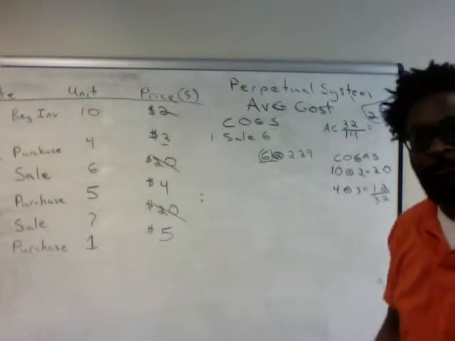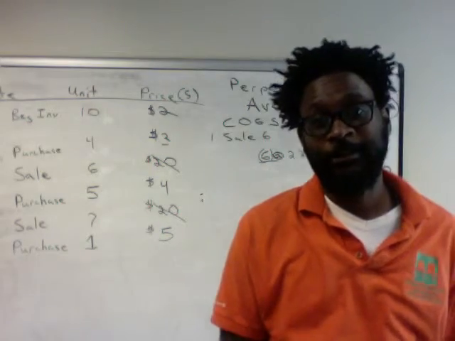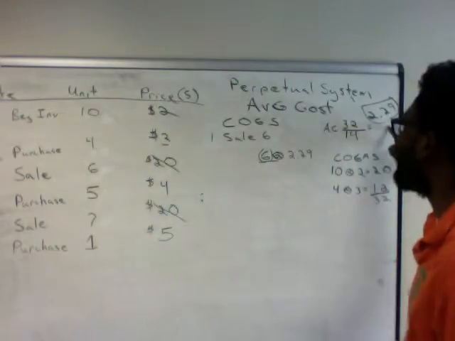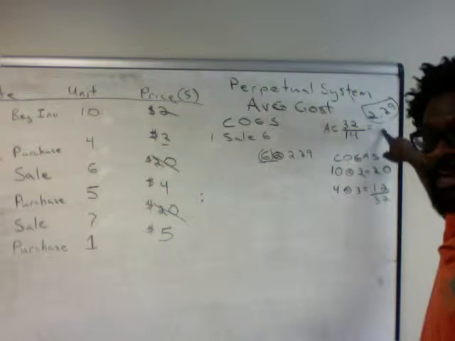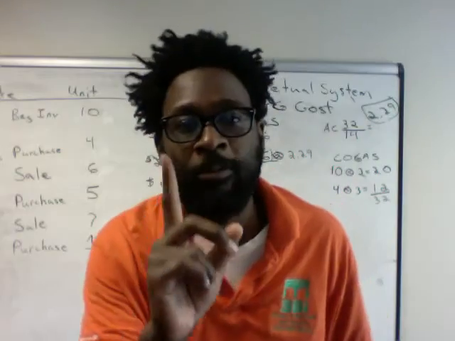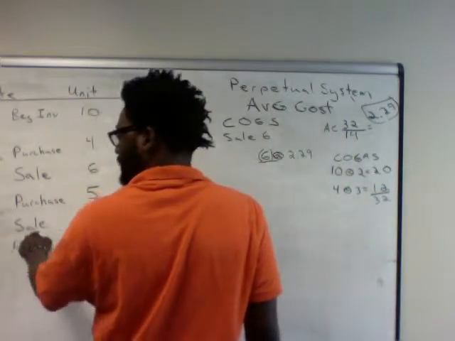Obviously 6 from 14 will give us, what is that, 8, right? 8 units. So we still have 8 units left at an average cost of $2.29. Remember that. So then we go on to our second sale.